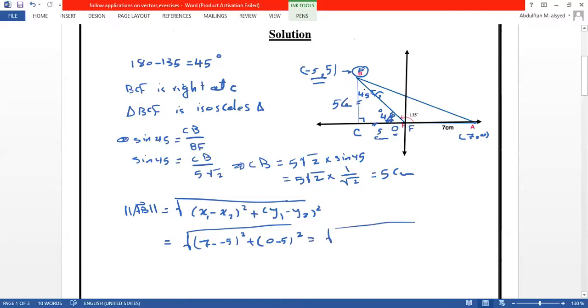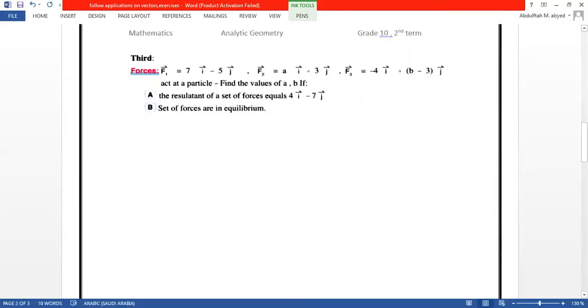This will be the square root of 12 squared plus 5 squared, equals the square root of 144 plus 25, equals the square root of 169, equals 13 centimeters.